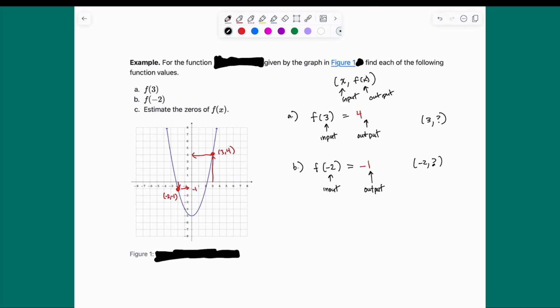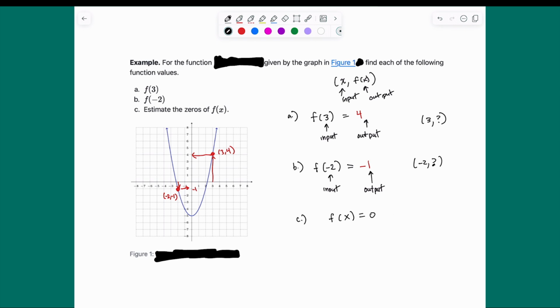All right, part C here. Slightly different because this time we're not finding an output. We're actually finding inputs because to estimate the zeros of f of x, that means we need to figure out where f of x is 0.